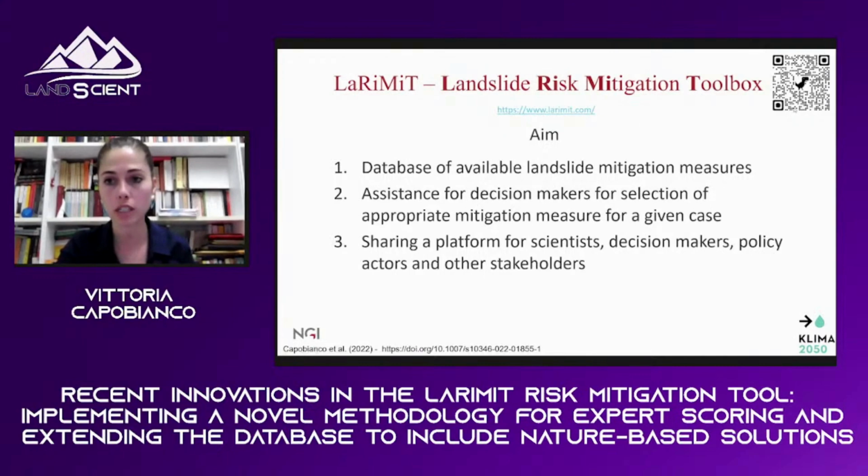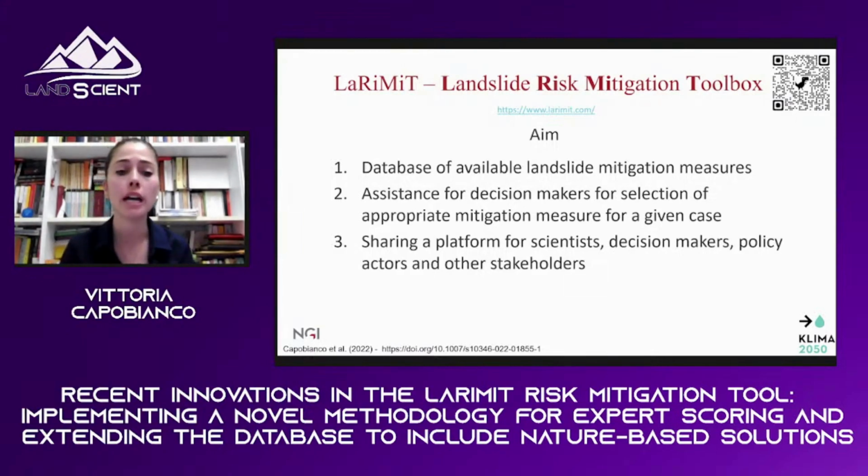I invite you to just scan the QR code or go on the website. It's a free access website. The aim is to provide an extensive database of available landslide mitigation measures, so the landslide experts can look at them and can decide which risk mitigation option is the most suitable for a specific landslide case. And the idea of LaRiMiT is to assist decision makers in the selection of the most suitable mitigation measure.